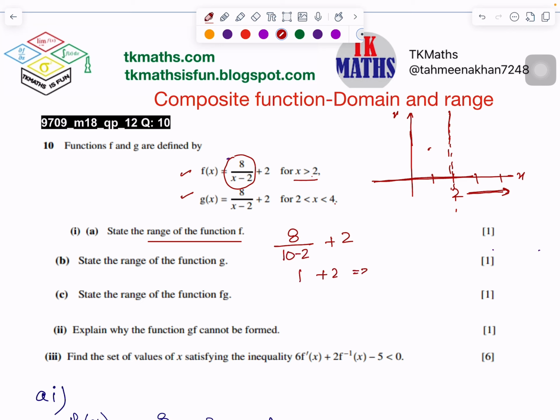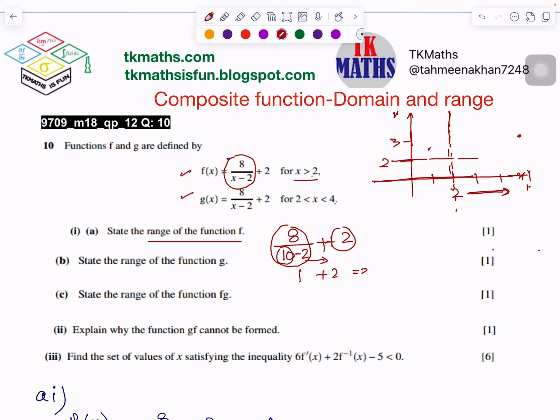So I will get 3 at 10. No matter which value of x you put here, very big value, 50, 100, whatever, the fraction will go towards 0, a very, very small value, but 2 will always be added to it. So the value of y will always be greater than 2.